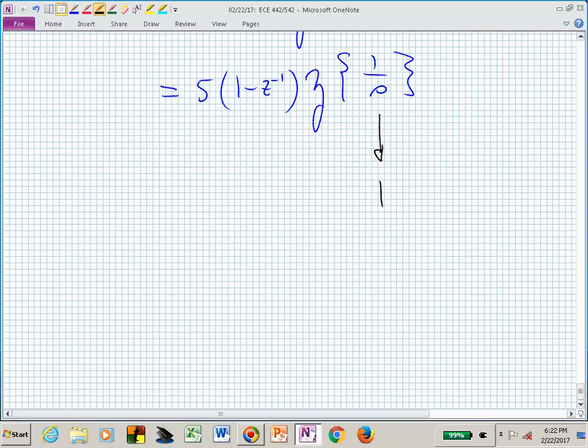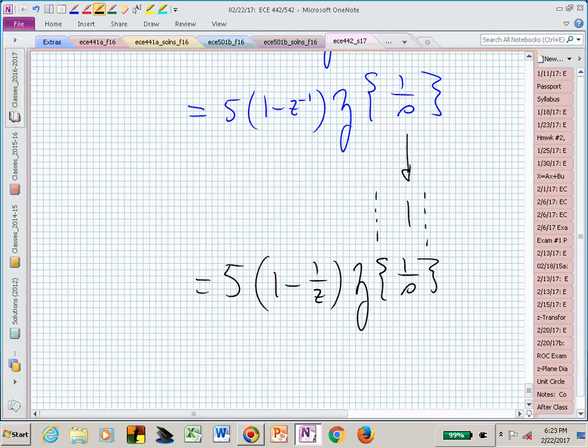That's just going to give you a 1, isn't it? Now you want to sample it. So this is now what we're doing. And we have 5 times 1 minus, let me write it in terms of z's instead of z to the minus 1s. I now have the z transform of 1 over s.